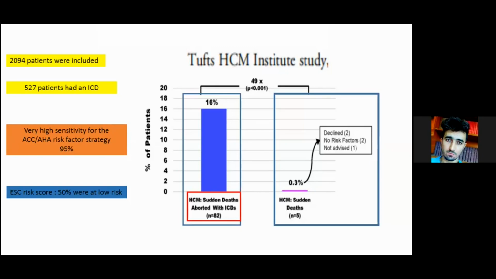But the topic generates much discussion. My question is, can we apply the American score in our population, knowing that the Caucasian, white male patients included in this study have genetics far different from those on other continents?